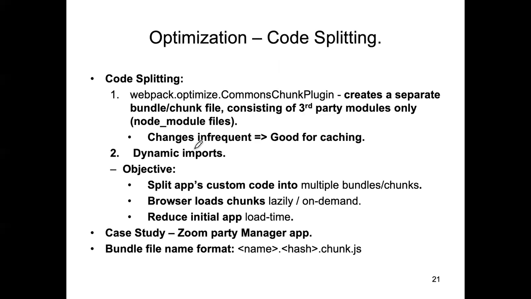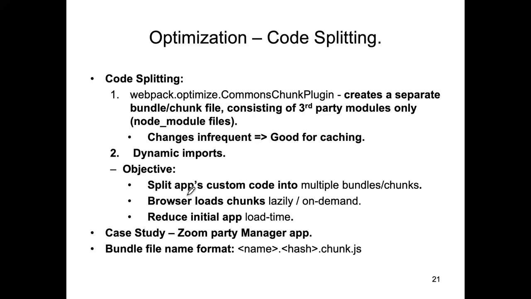But what we can influence is the bundle that contains all of our code. And by default, that bundle is the bundle whose name is main. So the objective is we want to split the app's custom code, that's our code, into multiple bundles or chunks.